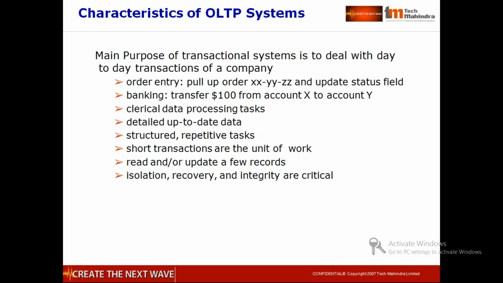So we don't go for deep normalization in OLAP. But in OLTP we go for normalization because it has a small amount of data. Even if we go for normalization, it won't take much time.